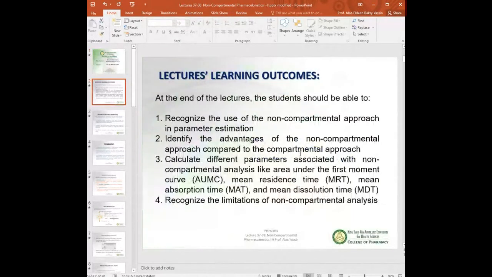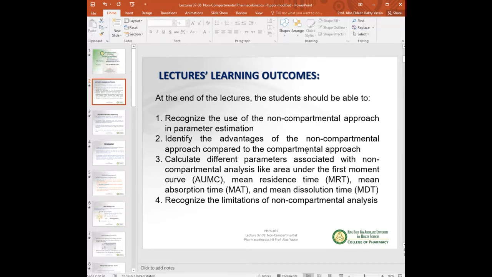We'll be covering these learning outcomes, which are the application of the non-compartmental approach and also the advantages of this model compared to compartmental.